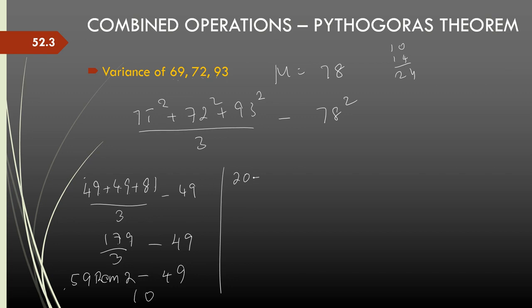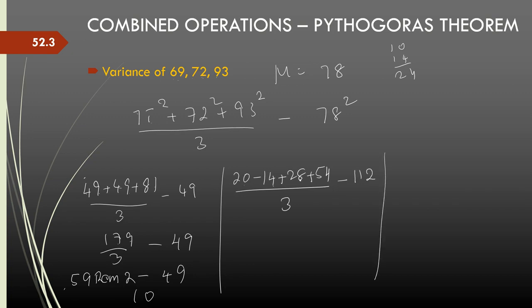Then I add 20 minus 14 plus 28 plus 54 divided by 3 minus 112.